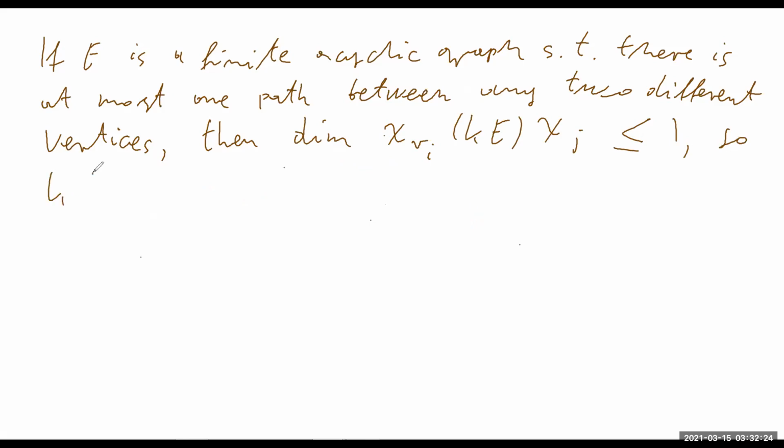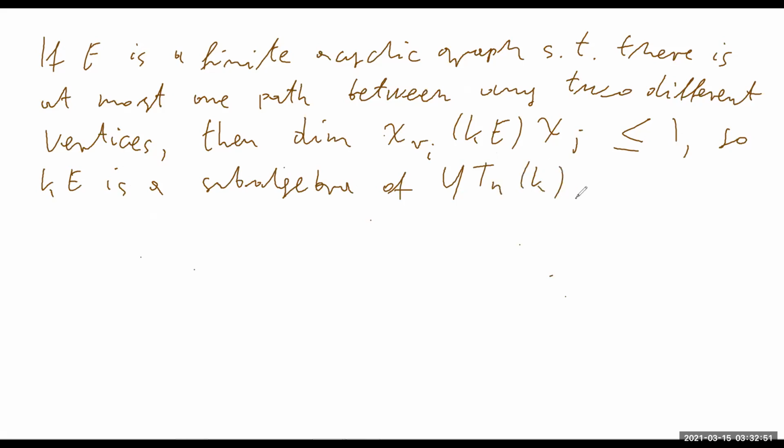So K_e is a subalgebra of the algebra of upper triangular matrices n by n over the field K. All right.